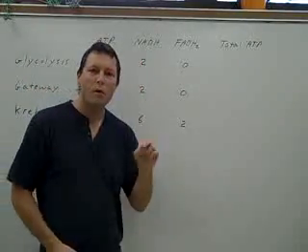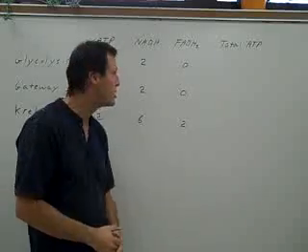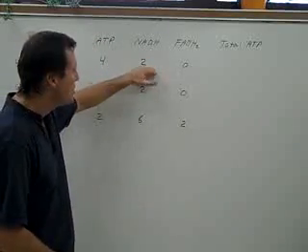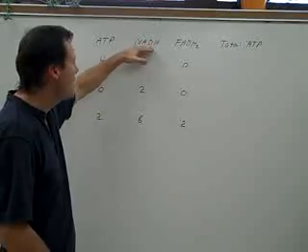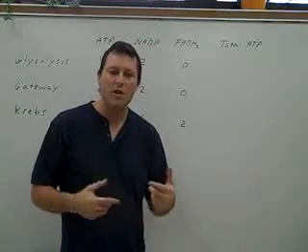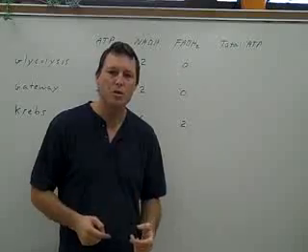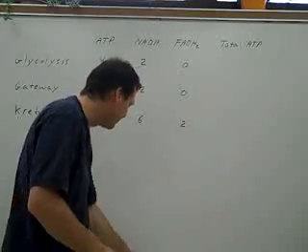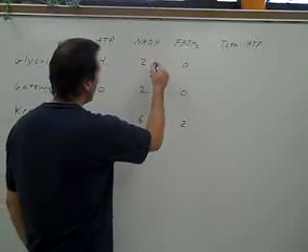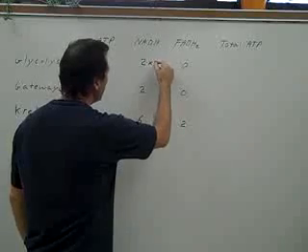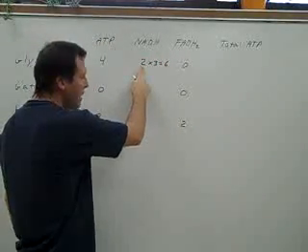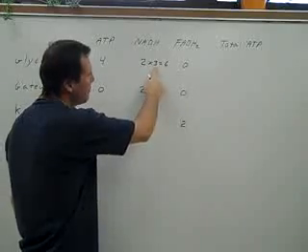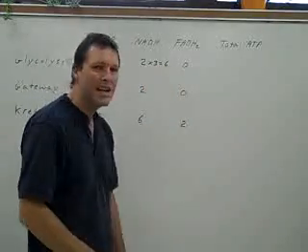We produced 4 ATP with glycolysis, 2 NADHs, and no FADH2s. Now we know that NADH is a carrier molecule and it's carrying enough energy to produce 3 ATP. So I'm going to write times 3 equals 6. 2 NADHs, each capable of producing 3 ATP for a total of 6 ATP.